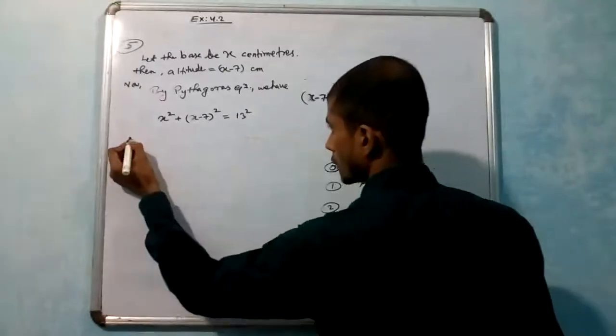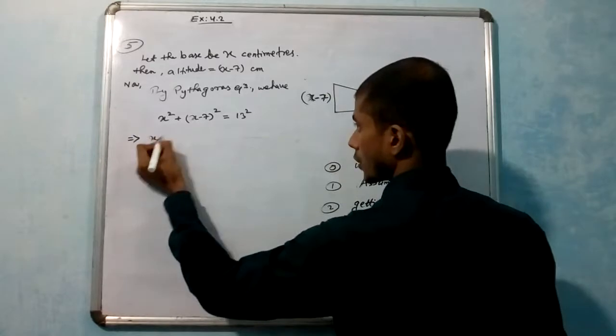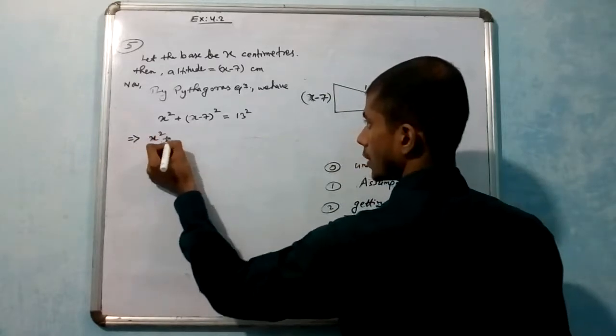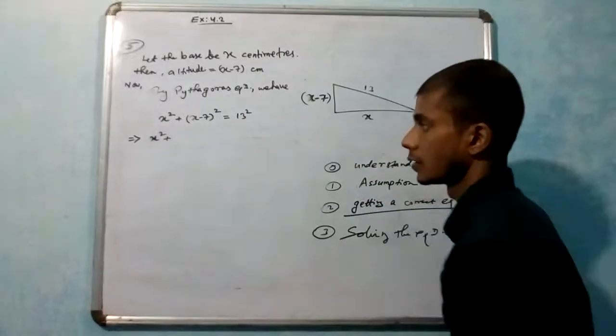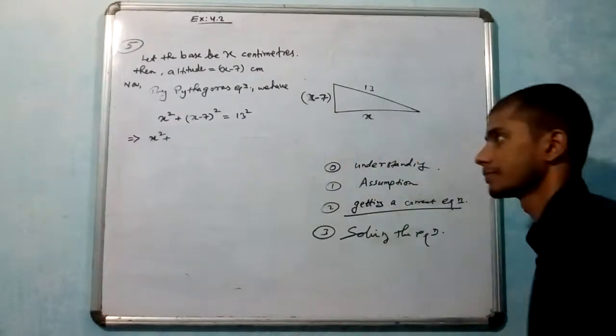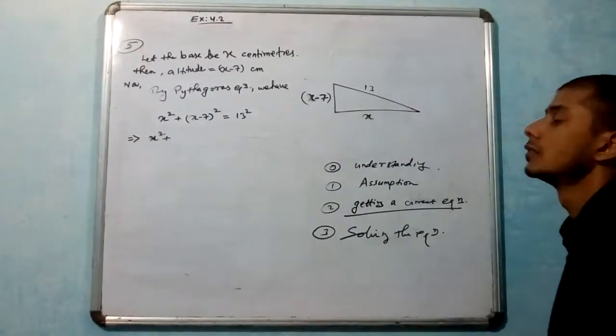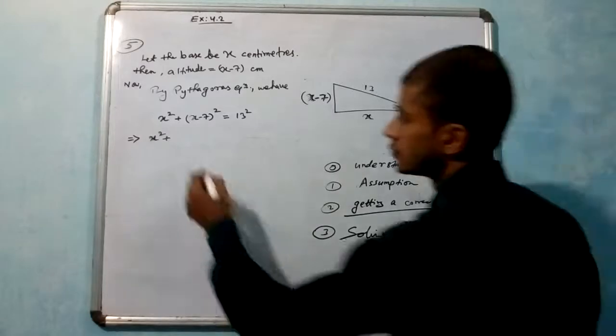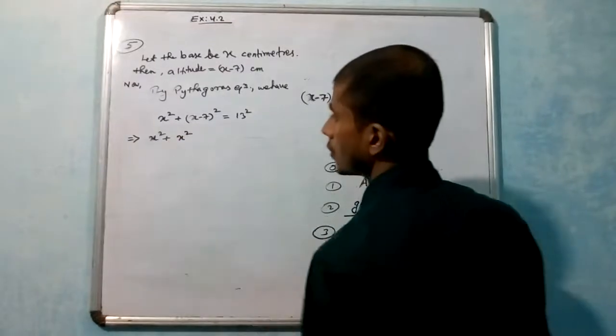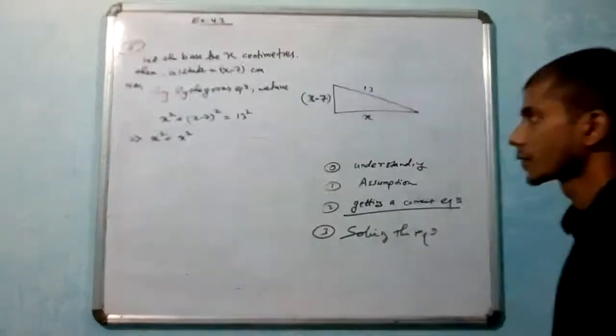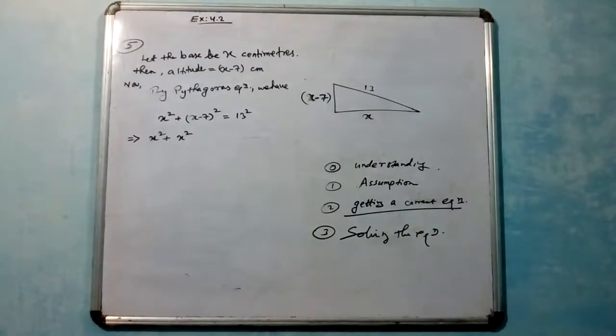So x square plus, a minus b whole square is a square plus b square minus 2ab.